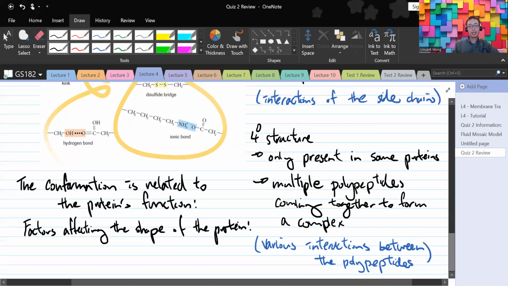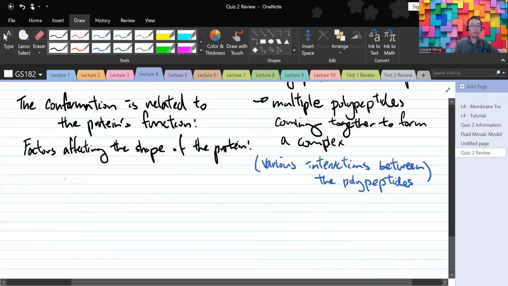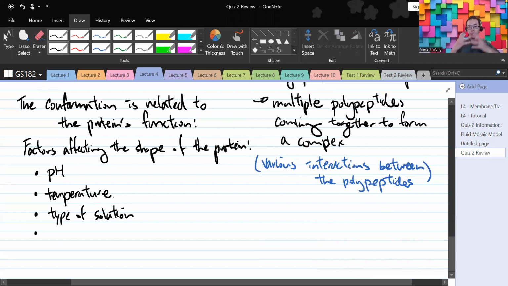Okay, and here they are, 4 factors we talked about. Specifically, there's pH, temperature, the type of solution that the protein is in, like is it hydrophobic, is it hydrophilic, which is going to affect how the protein is folded up, and salt concentration.